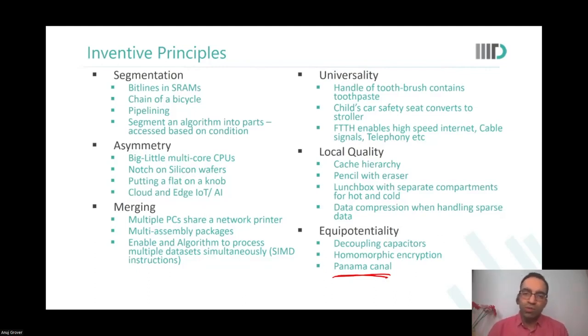Local quality: how to improve something in a local small method. Lunch boxes can have separate compartments for hot food and cold food. Equipotentiality, Panama Canal, we already discussed, or things like homomorphic encryption, for those of you who are working on security, or decoupling capacitors, for those of you who are working on circuits.